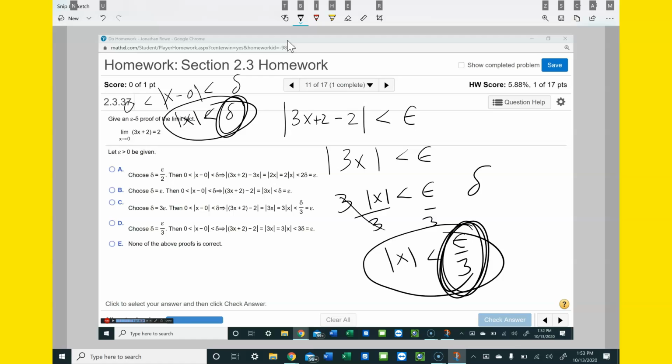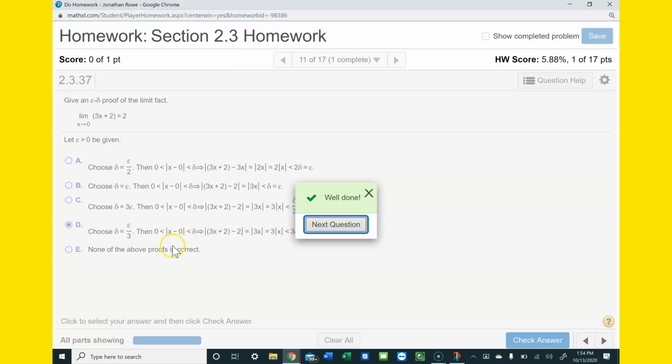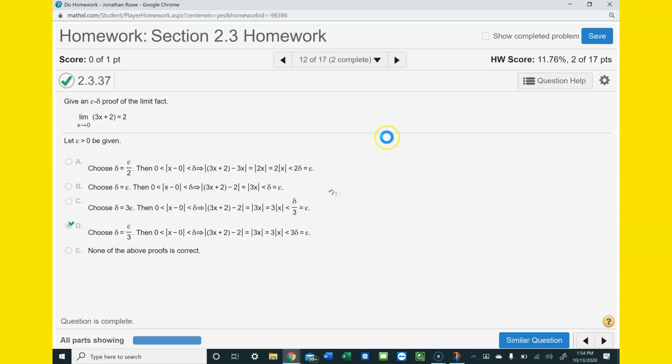The delta can just be epsilon over 3. All right, so that's it. So we chose choice D there for that problem, and it is correct.